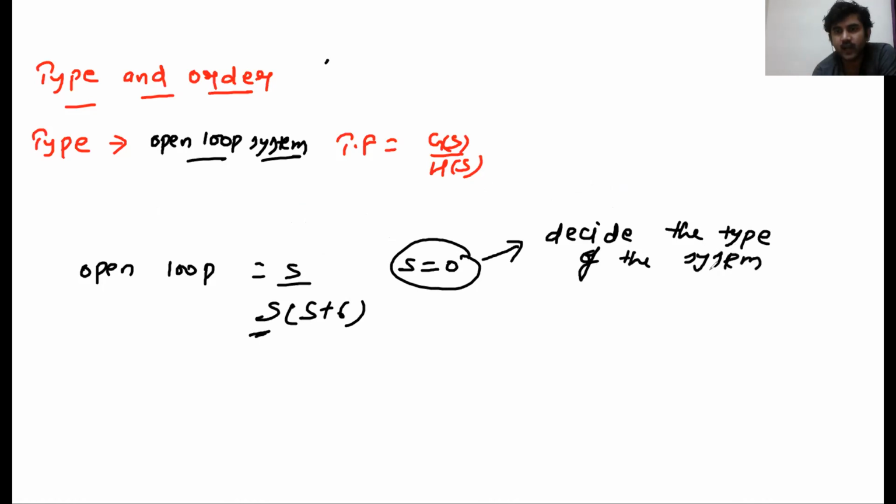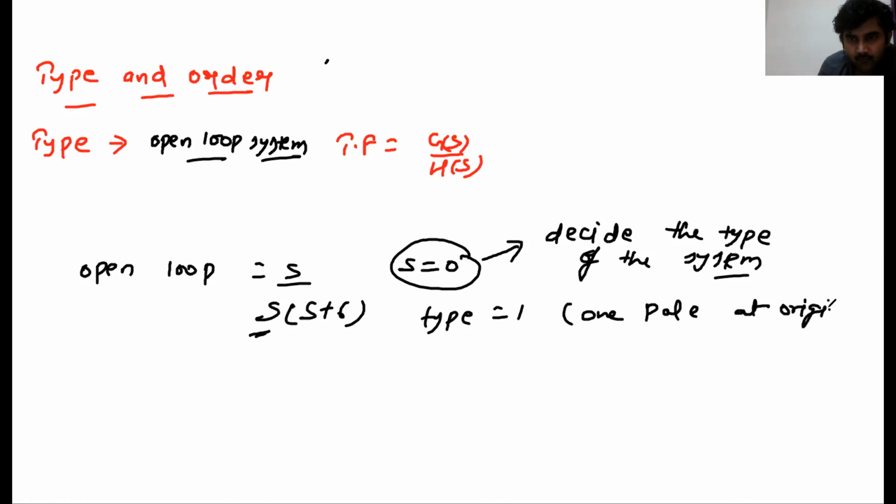If there is one pole at origin, then type is 1. Type is 2 if two poles at origin.